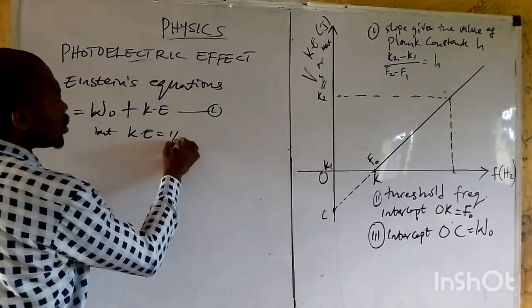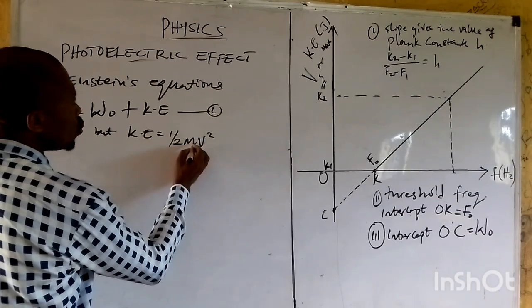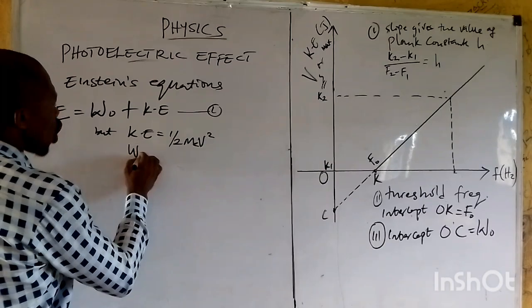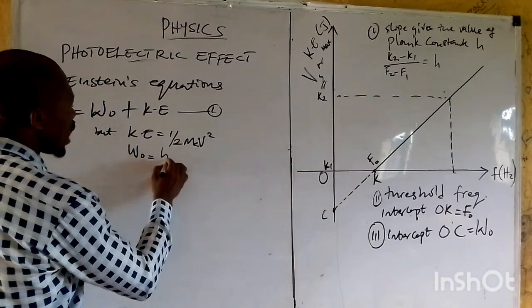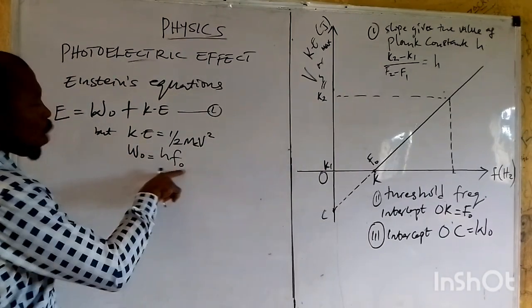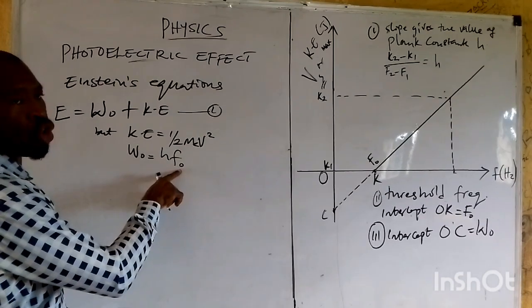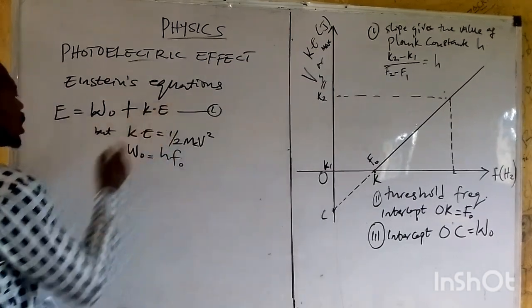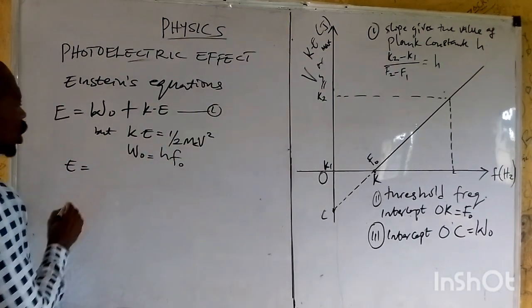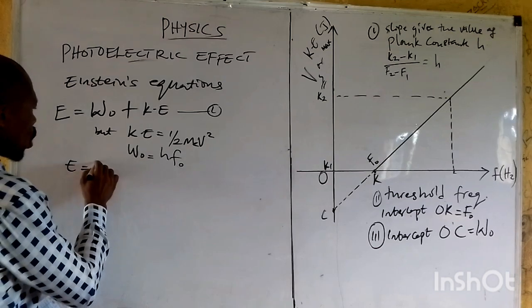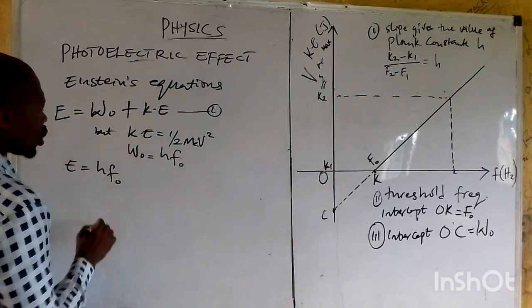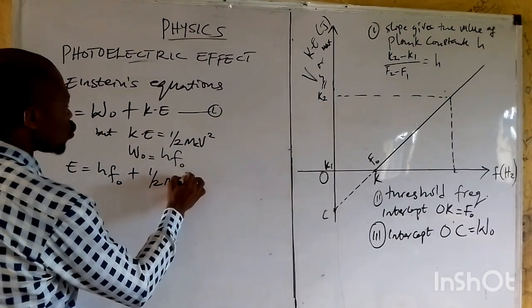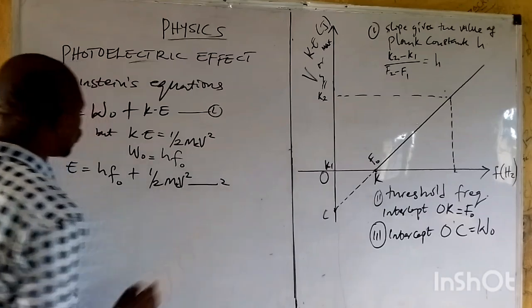Kinetic energy is half mv squared, where m is the mass of the electron. Then W naught is h f naught, where f naught is the threshold frequency and W naught is the work function. If we put it in this equation, we have E equals h f naught plus half mv squared, equation 2.